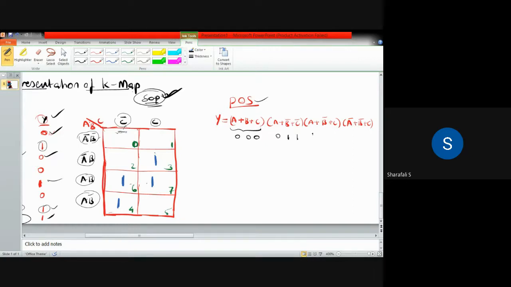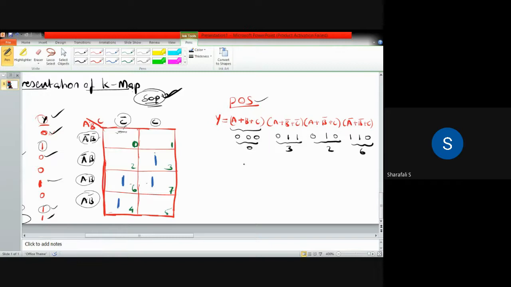A is 0, 1, 0. This one is 1, 1, 0. This is in POS form. A bar or B bar or C bar is equal to 1. A, B, C are 0. So this is 0, 0, 0, 0, 1, 1, like that. You can see from here. So this is nothing but 0. This is nothing but 3. This is nothing but 2. This is 4 plus 2, 6.